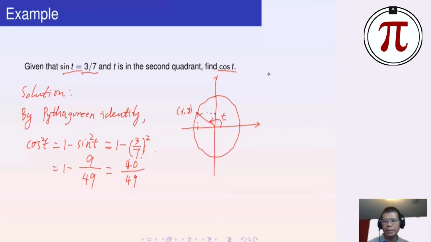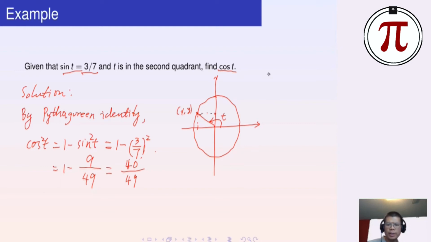Then what is cosine t? Now, just take the square root. It can be the positive square root of 40 over 49, right? Or negative. It is also possible to be negative. But for this question, we know that t is in the second quadrant.